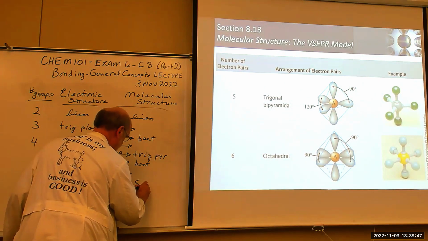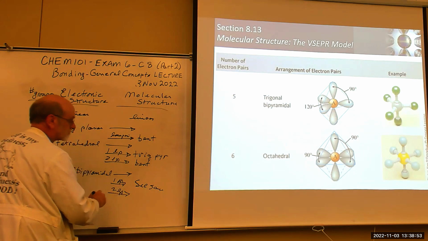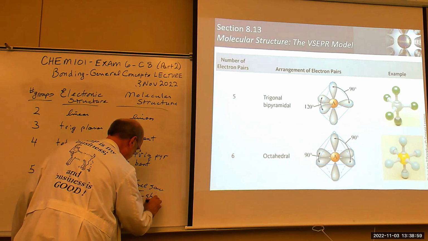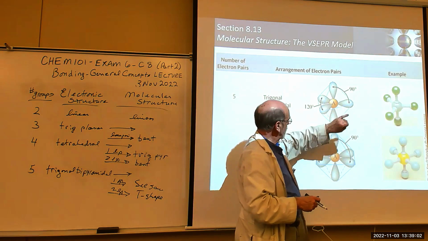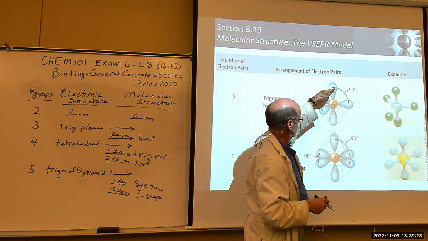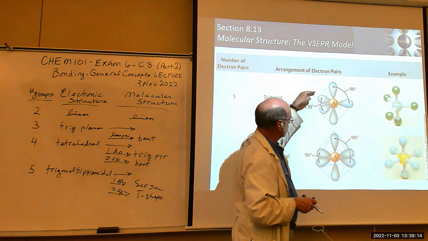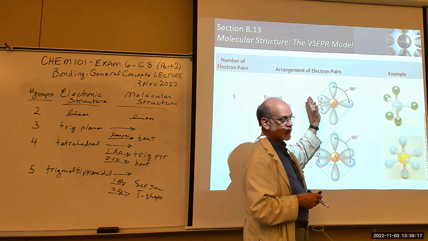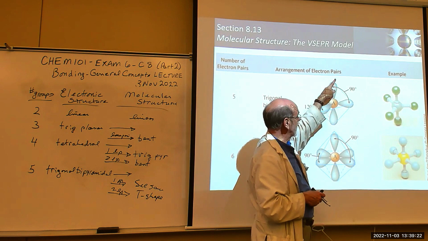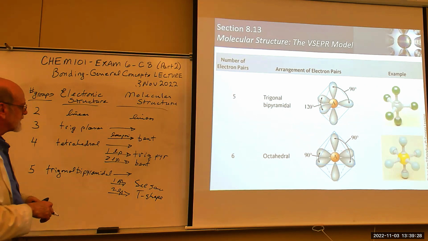If you have 2 lone pairs, then you get T-shape: this would be a lone pair, this would be a lone pair, and there's your T. The bond angles: if the bond is on the base of the pyramid, it's 120 degrees because there are only 3 of them. But if the bond is between one of these and here, that's 90 degrees. All right. Octahedral.